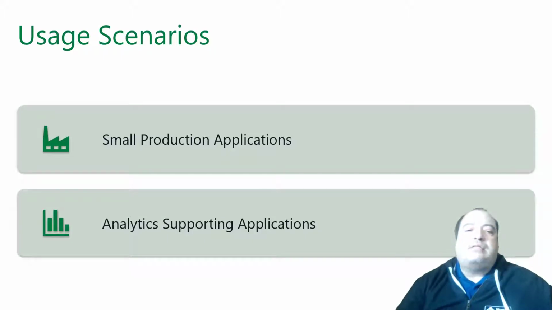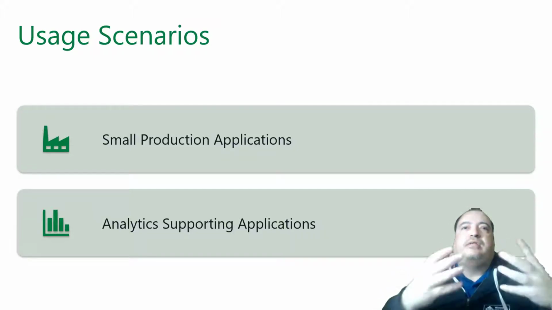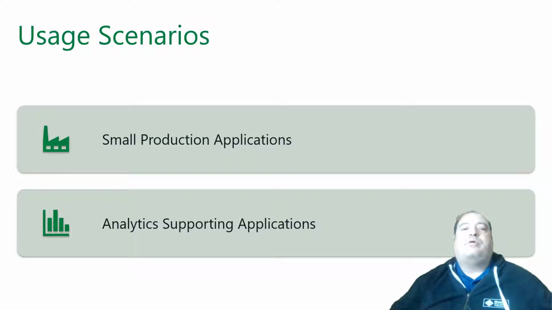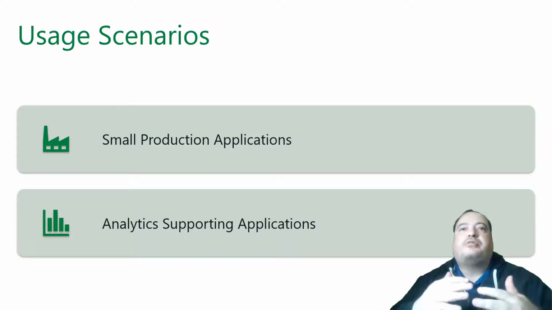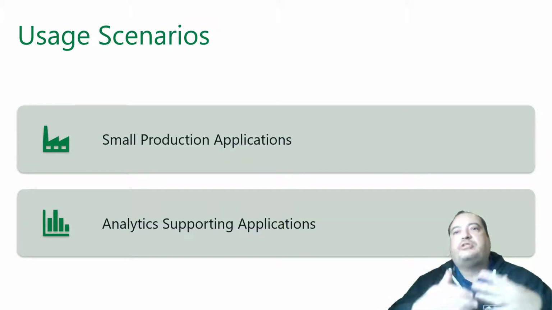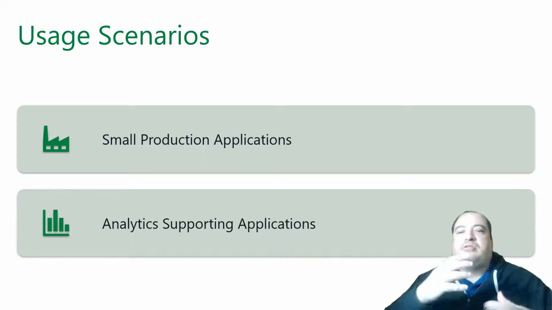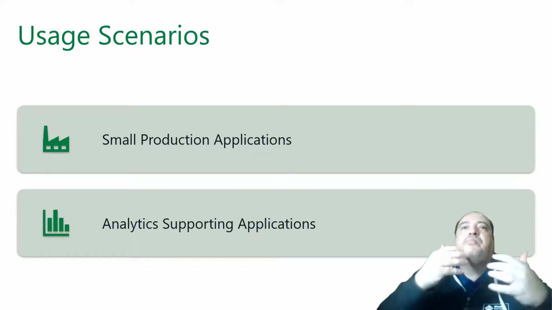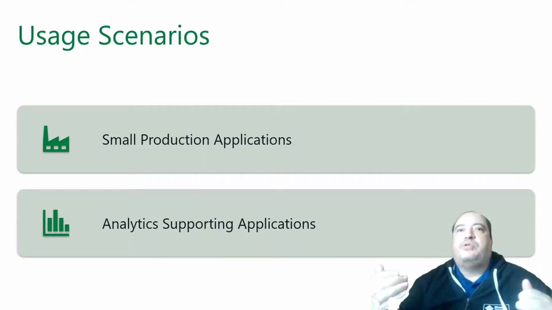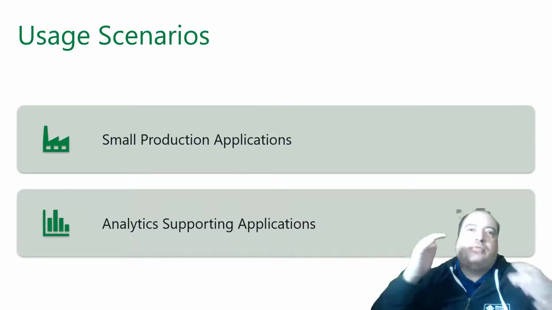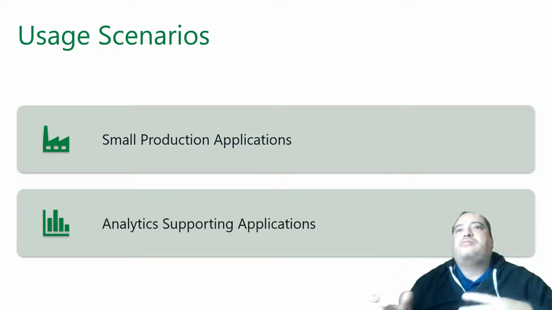And analytics supporting applications. There are many scenarios for supporting analytical applications. For example, imagine a sales analytics application measuring KPIs, and we need to establish the sales target for each month and adjust it, comparing the analytical information of how many sales were completed with the target intended for that month.